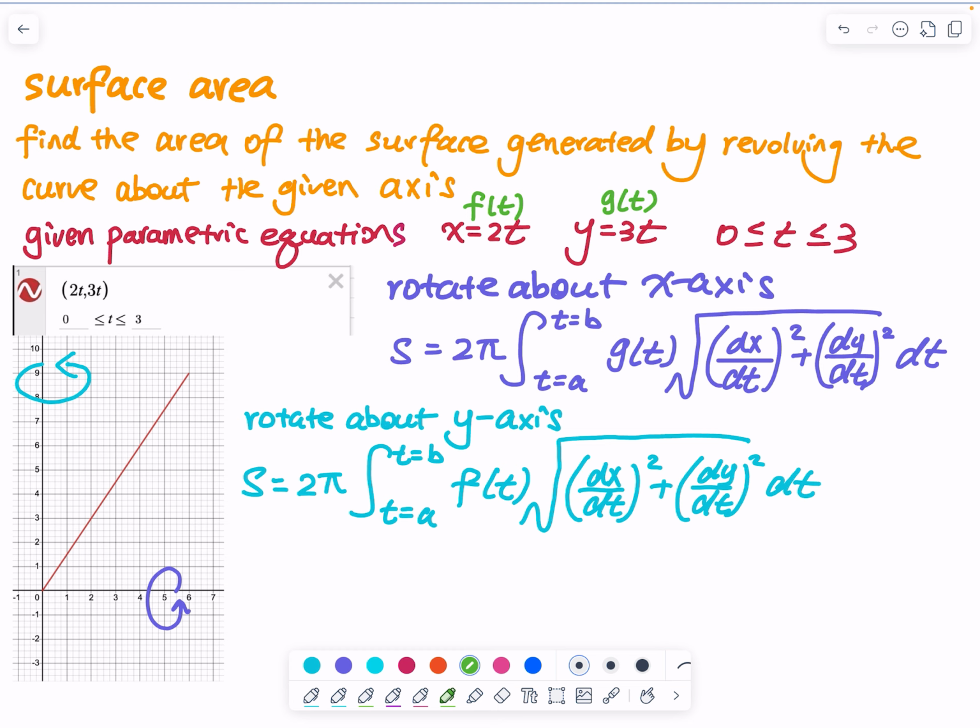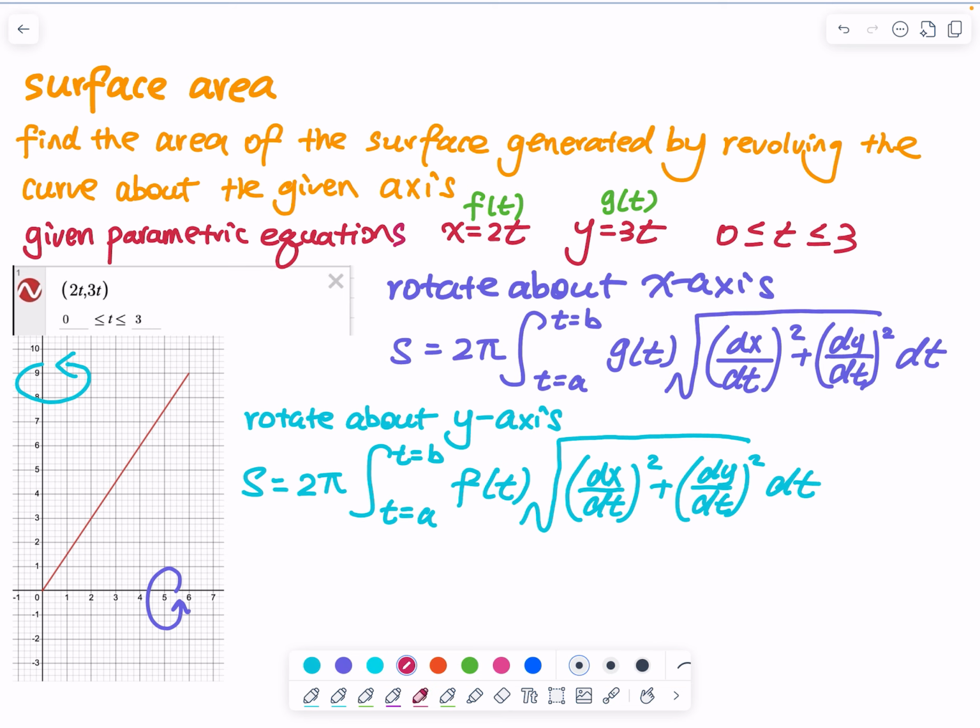All you need to do is take the derivative of x and y with respect to t, square that, and then plug everything into the integral. And then hopefully when you take the derivative and square, this won't be too hard to integrate. What I am afraid of is this square root. Yeah, this square root may create something that is difficult to integrate.